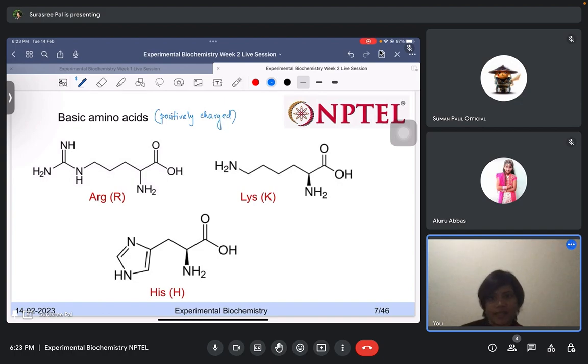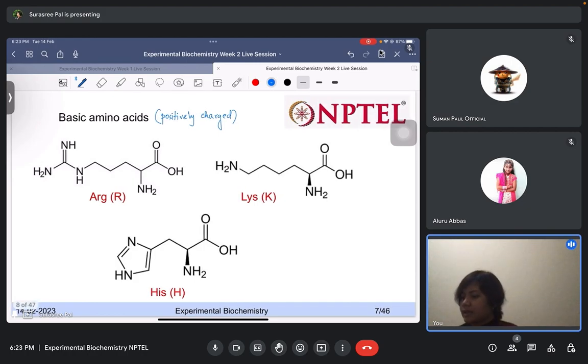Now because they are basic amino acids, they have an extra amino group present in the side chain. Just like the acidic amino acids had an extra carboxyl group, the basic amino acids have an extra amino group with them. For example, you can see this is the R group of arginine, right?